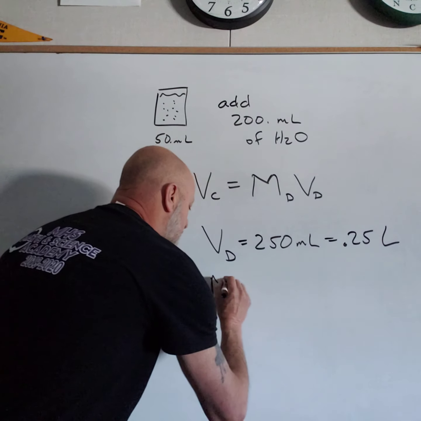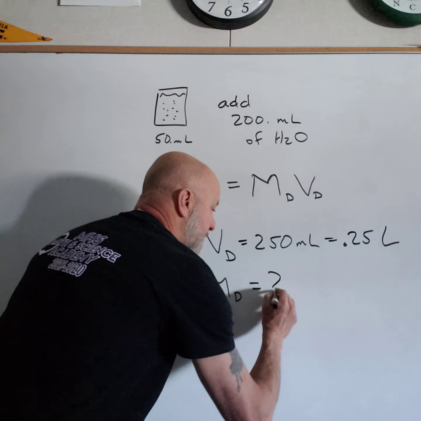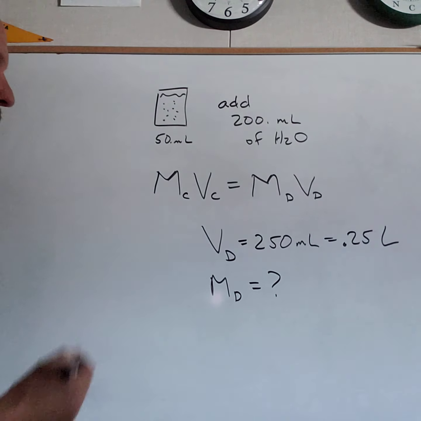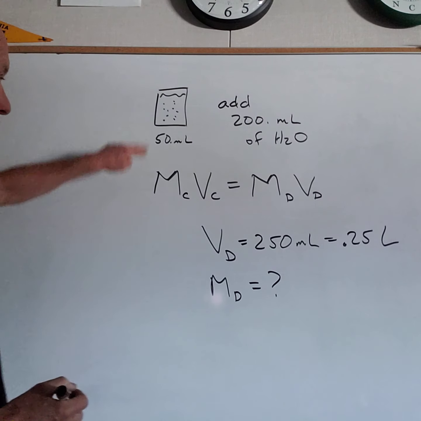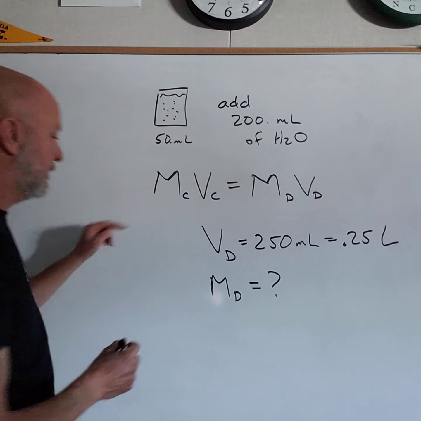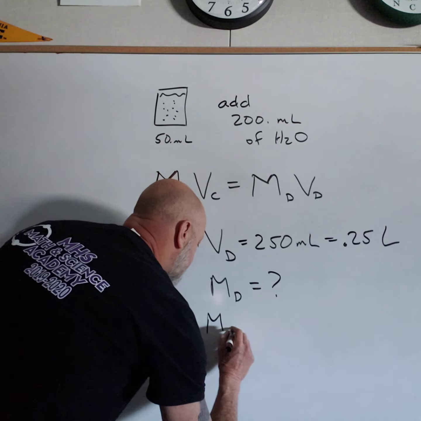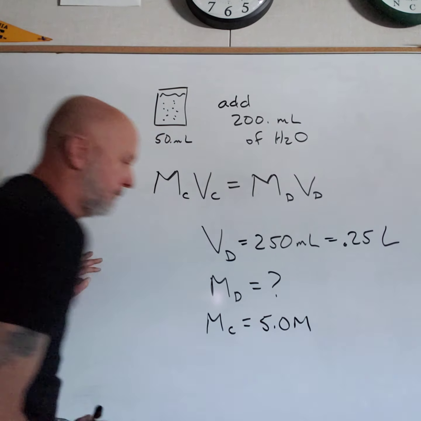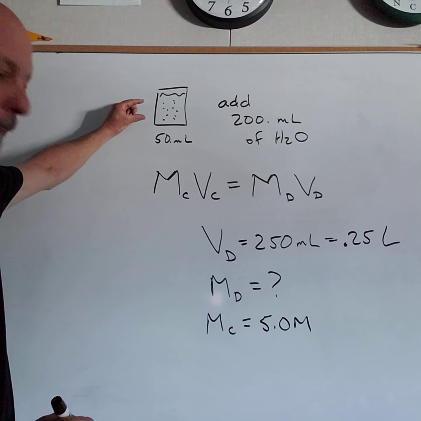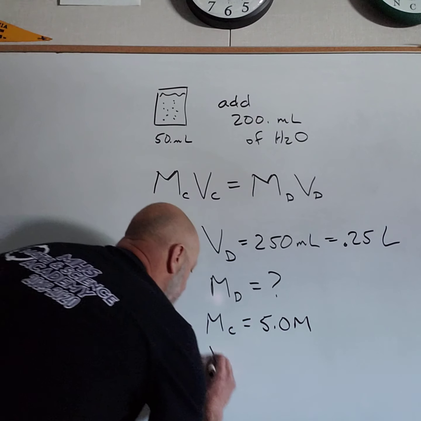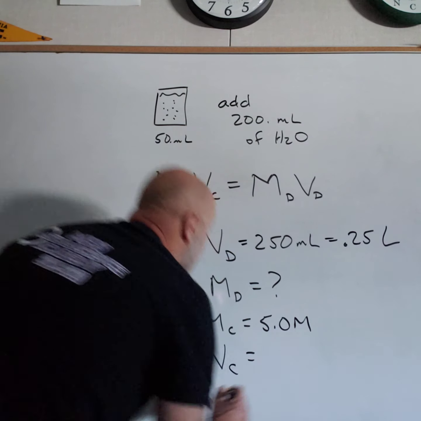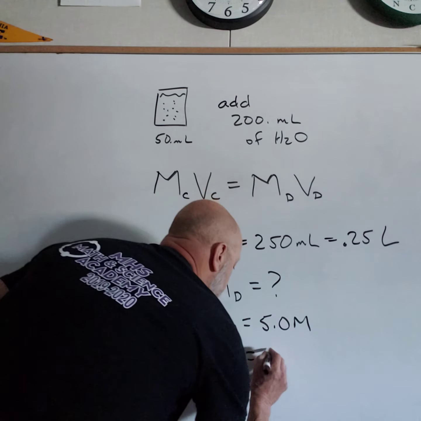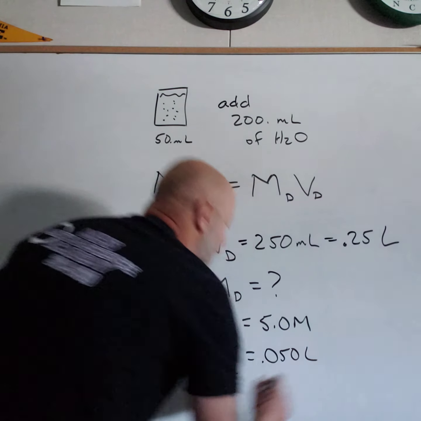The molarity of my diluted solution is, I don't know. That's what we're going to find out. I've got all my information for the concentrate. The molarity of the concentrate we just found was 5.0 moles per liter in that little 50 milliliter sample. The volume of the concentrate is 50 milliliters, which is 0.050 liters.